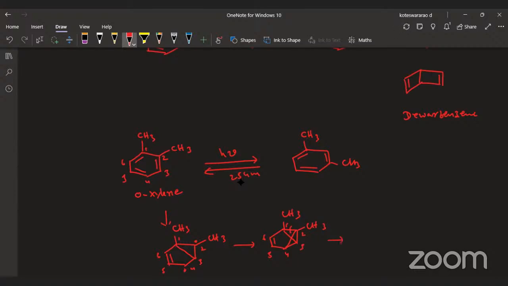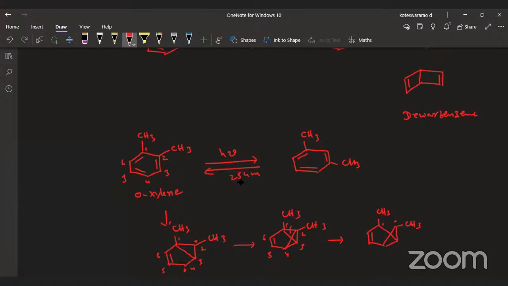And what's happening we will get here. There is a CH3 here, and CH3 here, radical here, and radical here. And now C3 C4 bond cleavage.